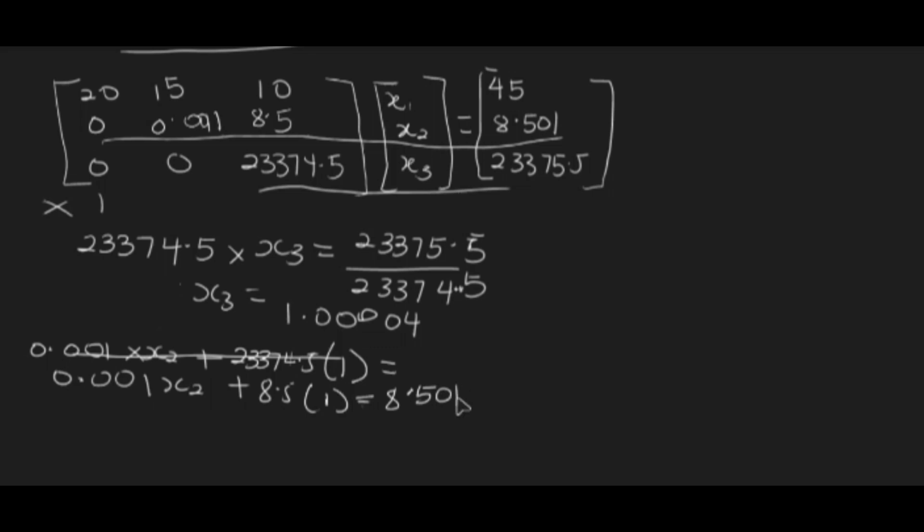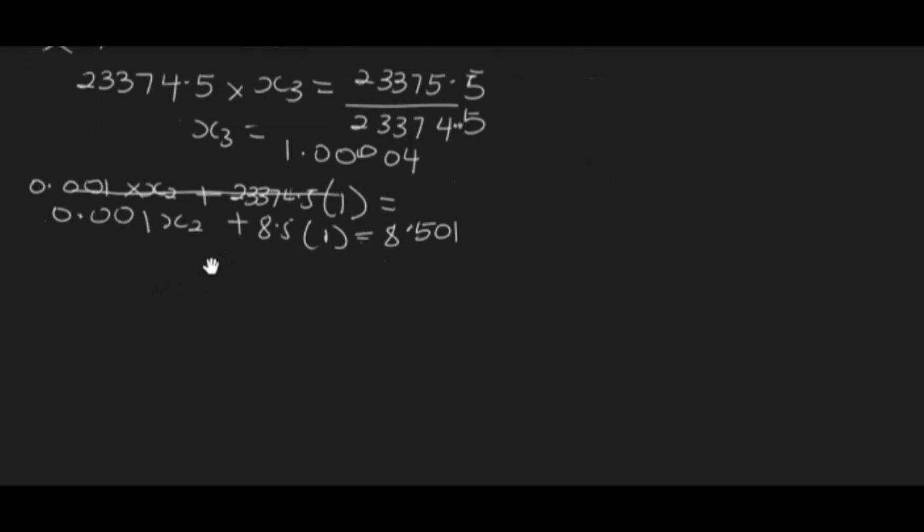So now how do you find our x2? Our x2 is simply equal to, you maintain this, then you send this one. So 8.501, then you subtract 8.5, because you are bringing another one here.